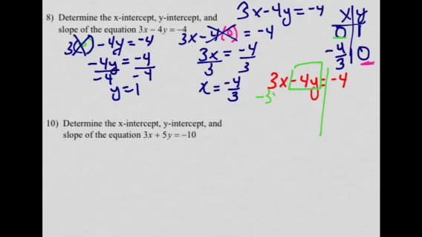My minus 3x does not make it inside the box. I'm left with a negative 4y over here equal to minus 4 minus 3x. Now I have to divide everything by negative 4. That cancels. And y equals negative 4 divided by negative 4 is 1.